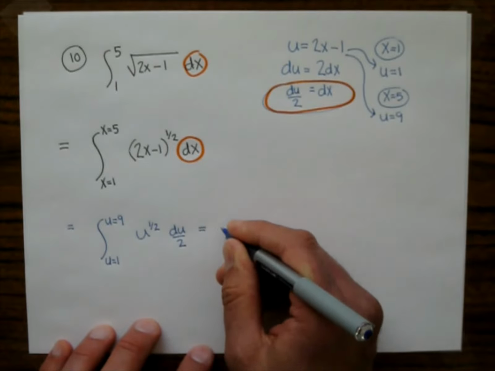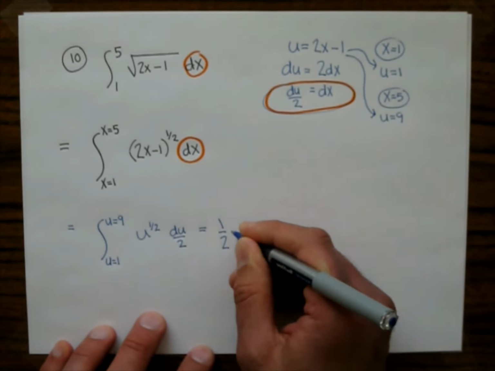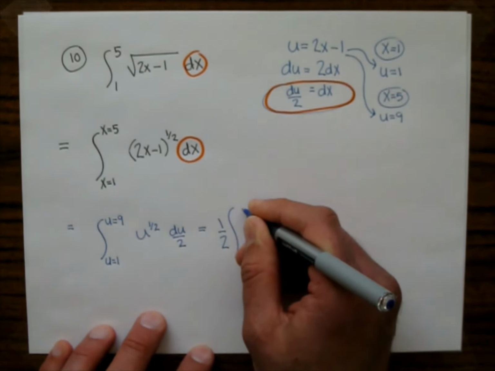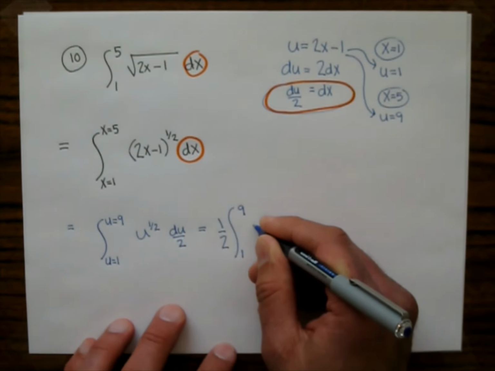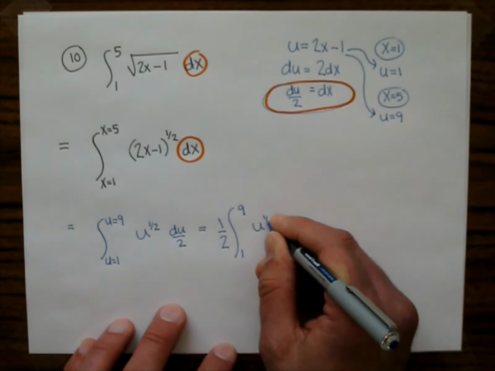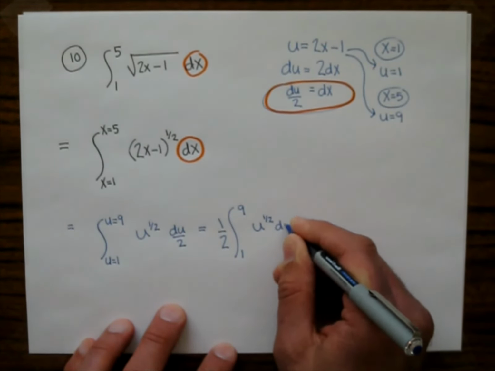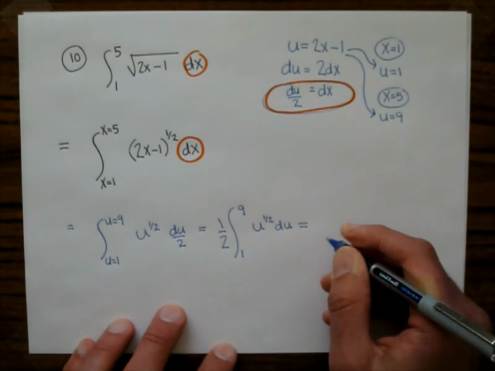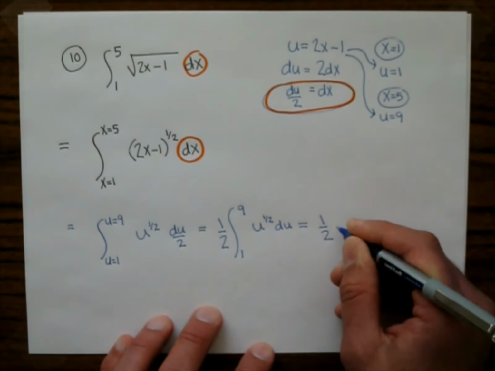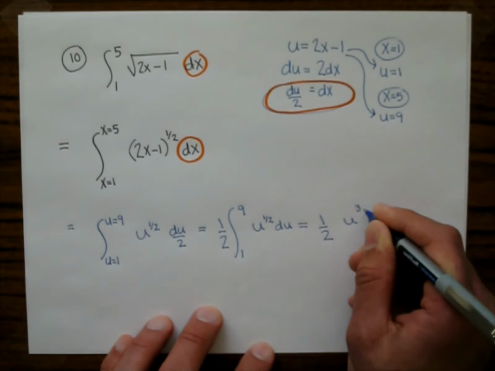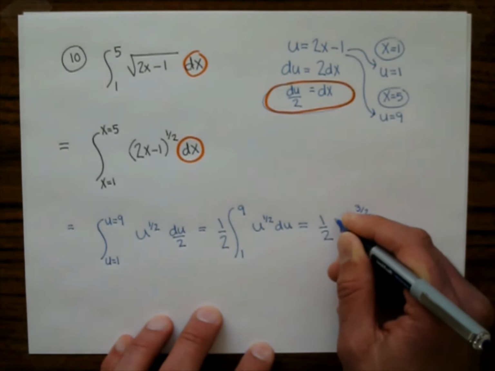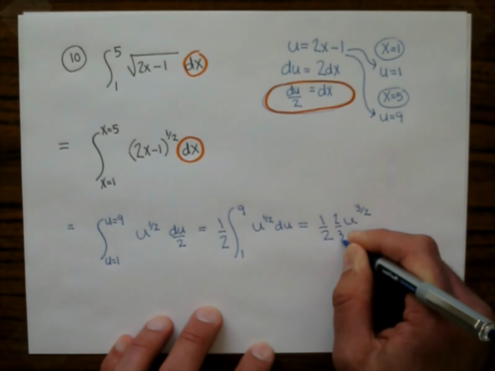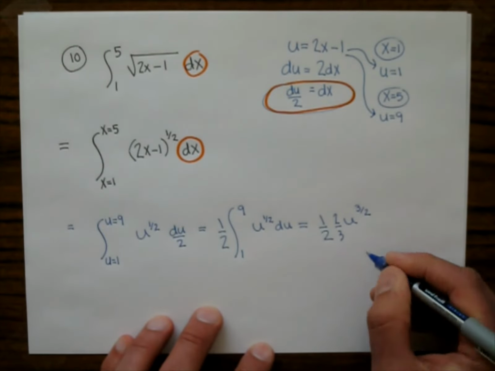Okay, I'm going to go ahead and bring the 1/2 out front. I'm going to just go 1 to 9, and then this is u to the 1/2 du. So this is 1/2 u to the 3/2, and then we're going to go 2/3 because we divide by 3/2.